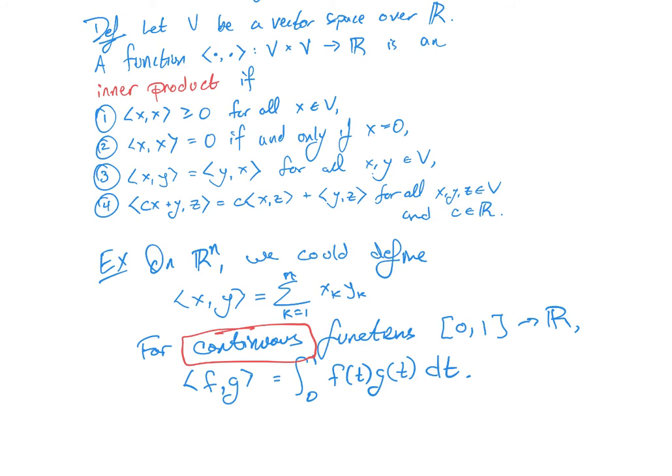We need the functions to be integrable for this to work, so continuous guarantees that. Yes, but actually continuity is doing us one more thing. We get the product is integrable, right?